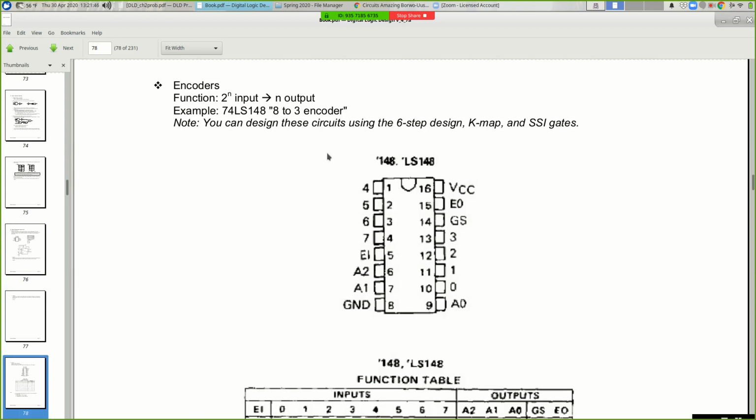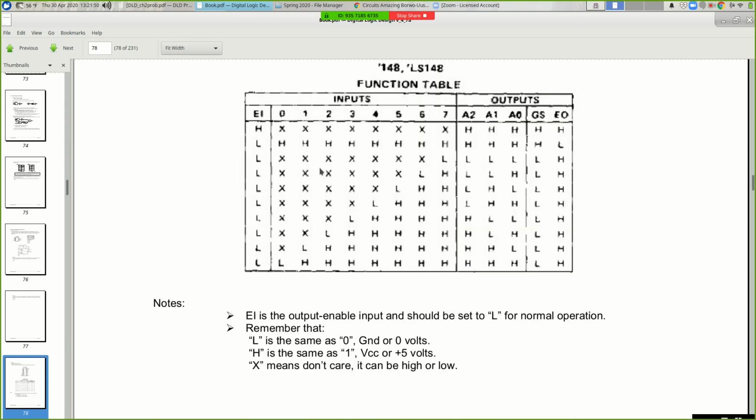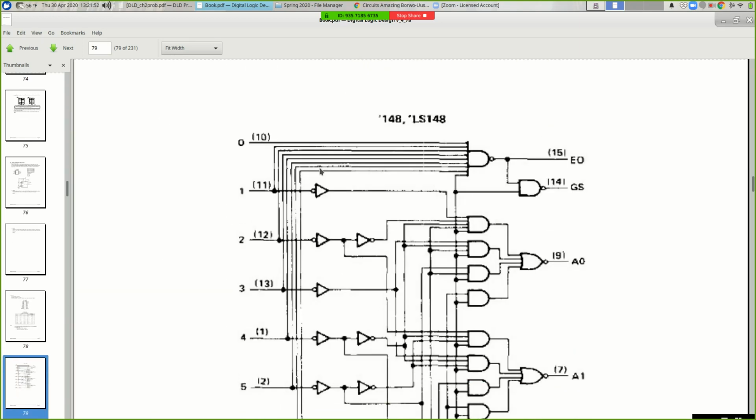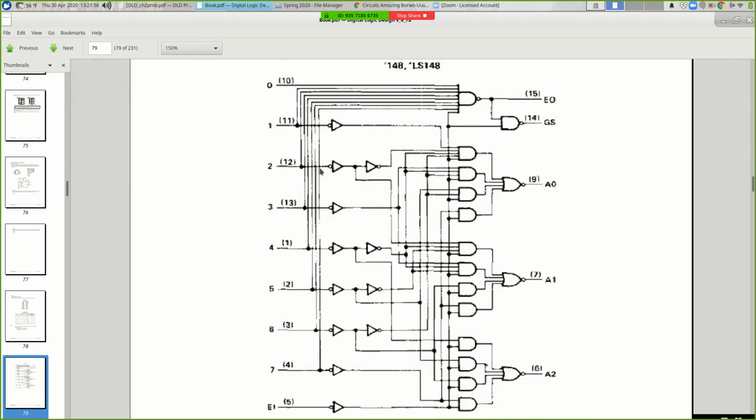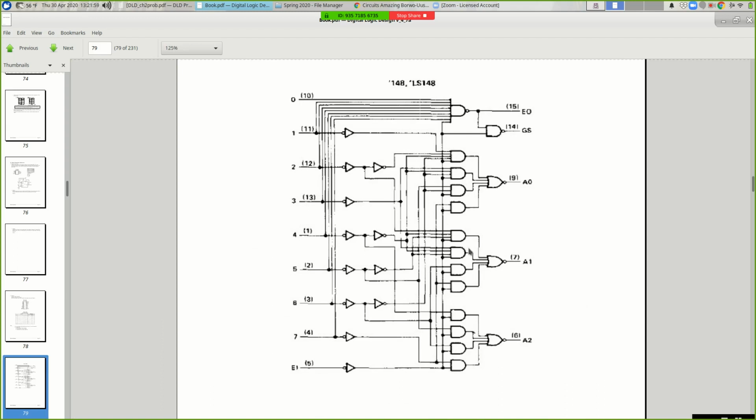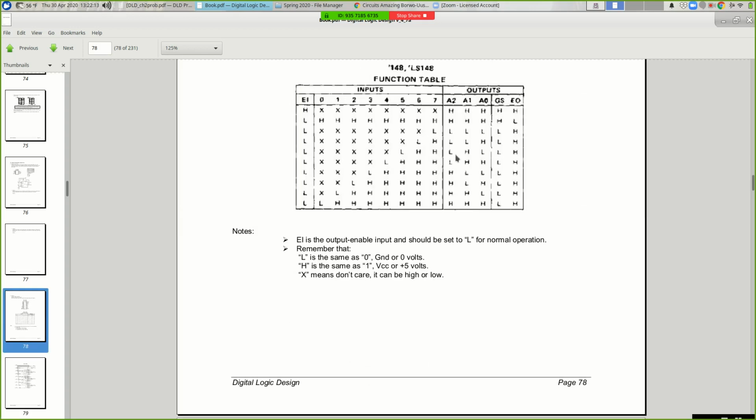So there are chips called encoders, and there are chips called decoders. And I'm not ready to talk about these either, but here's what's inside this encoder, right? It's a bunch of circuitry. It's basically doing a sum of products, right? Although these are AND gates, right? So there's the products, and here's the OR gate. That's the sum. And so if you look at the data sheet for this, you'll find the truth table.